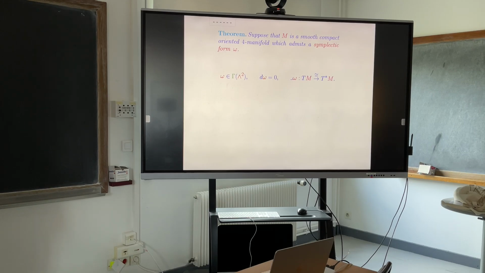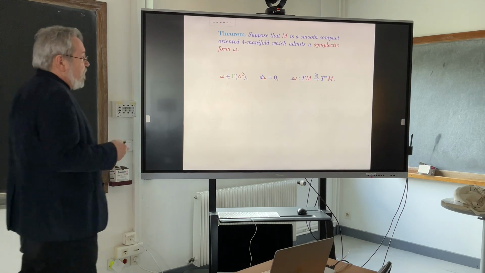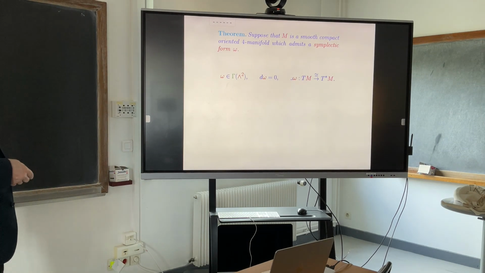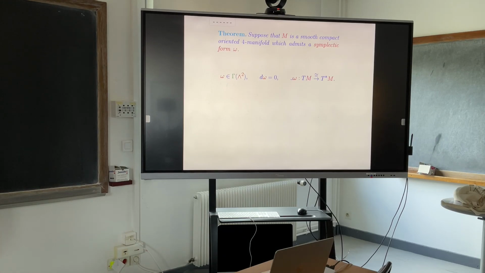There's a better way of writing this, which is to say that if the dimension is 2m, you would require that omega wedged with itself m times is non-zero. In dimension 4, it's the same as saying that omega squared is positive with respect to a particular orientation. And here, of course, that in particular means that a symplectic four manifold has a preferred orientation. That's what we're always using.